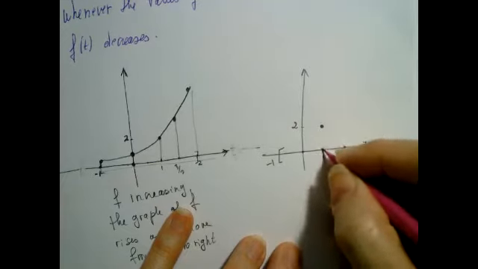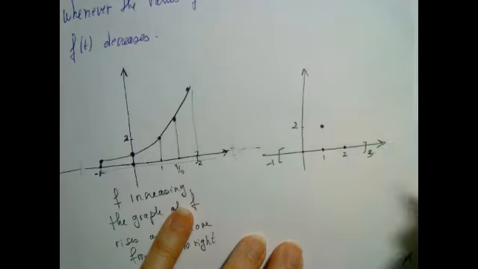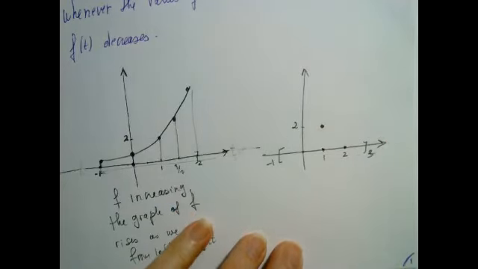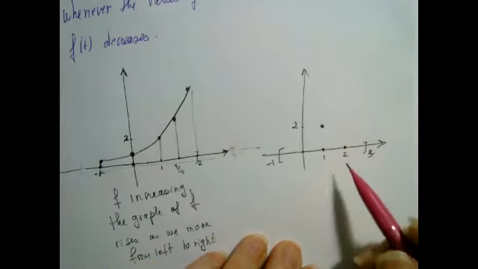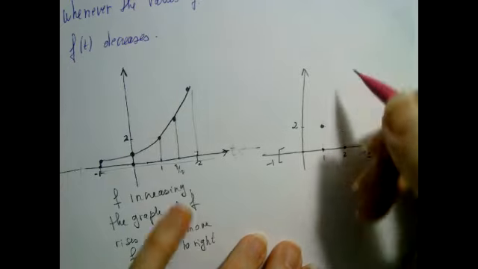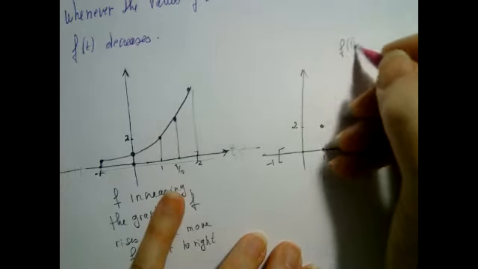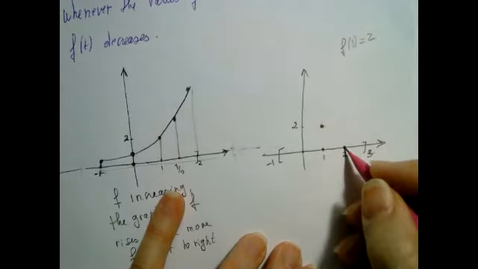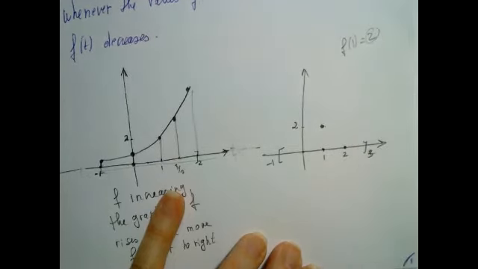For 1, the function takes the value 2. For 2, the function should take a value larger than 2 or less than 2, if it's decreasing. Suppose f of 1 is 2. The value at 2 is going to be more than 2 or less than 2.